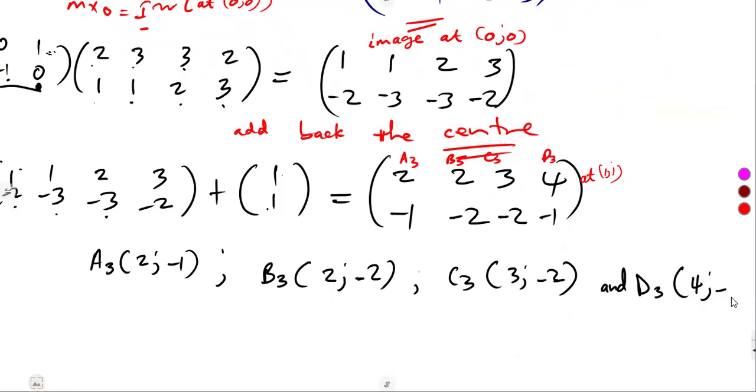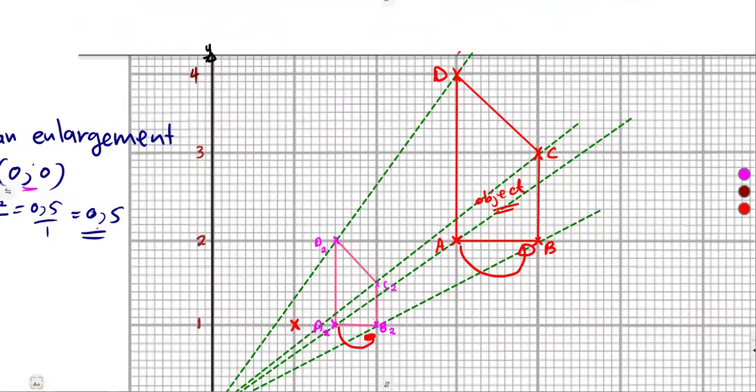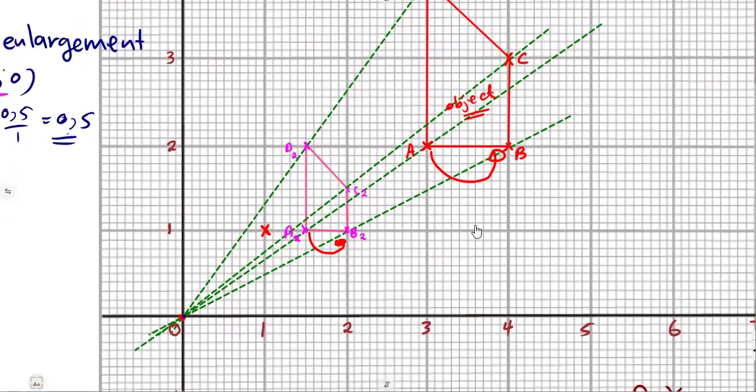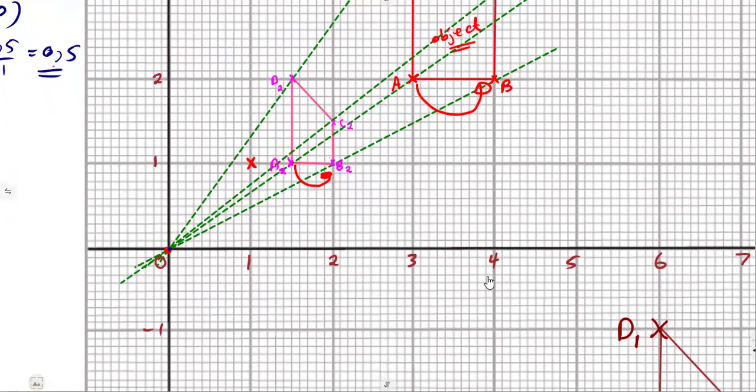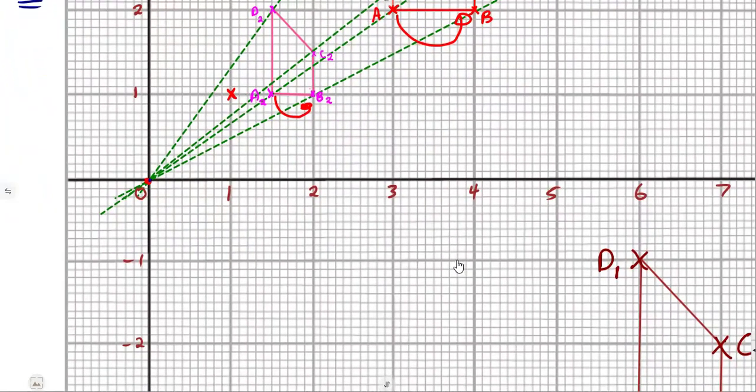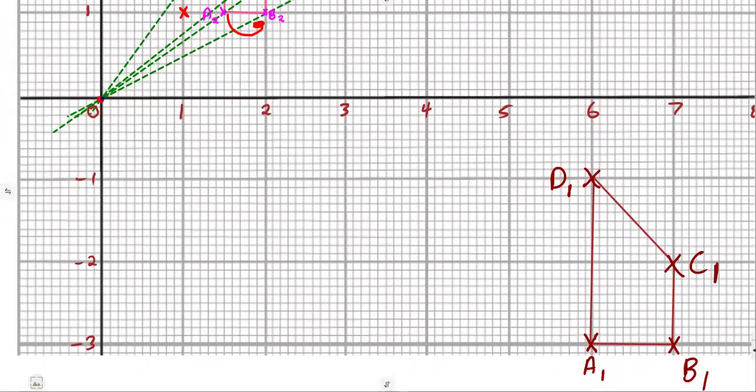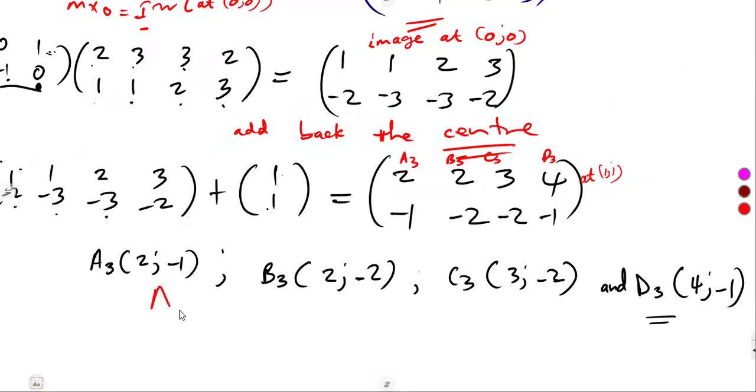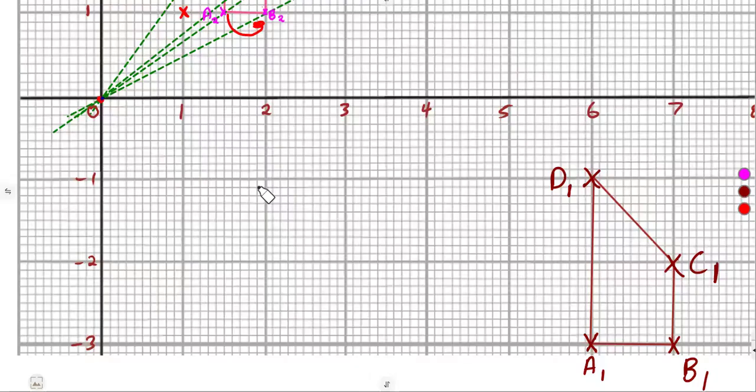So these are the ones that you are going to mark on the graph. So let us have our points. As we have got our points, you're going to see that, okay, A3, that is 2, negative 1. So we've got 2, negative 1 here.